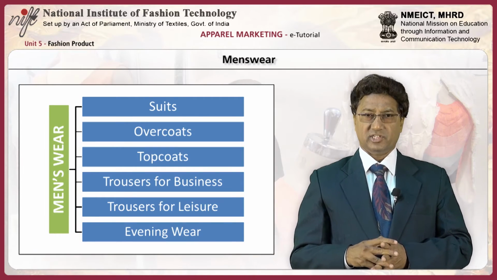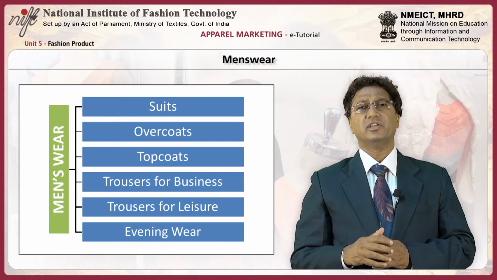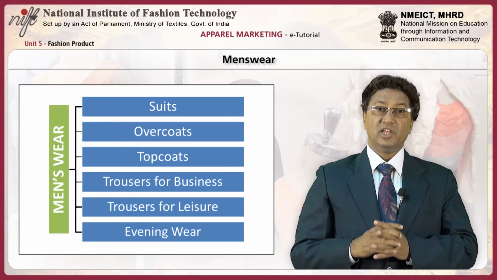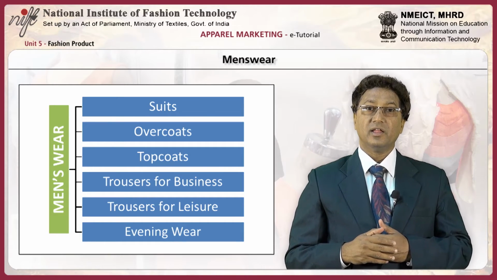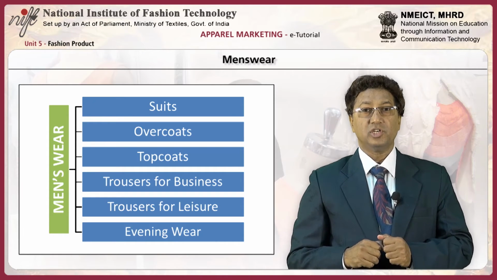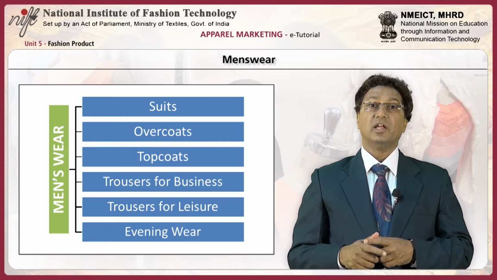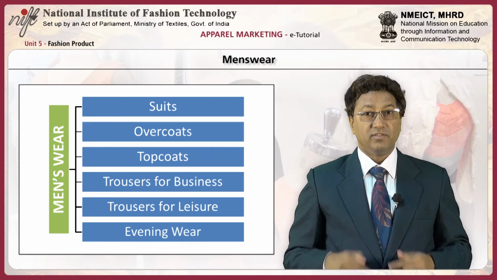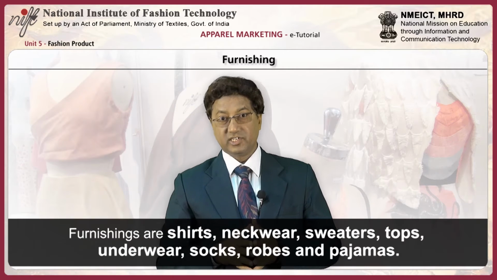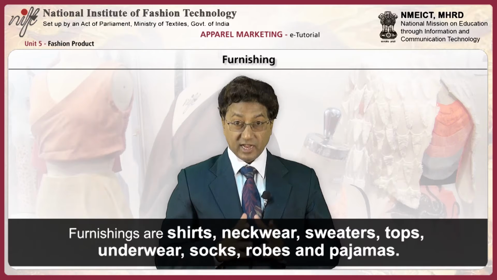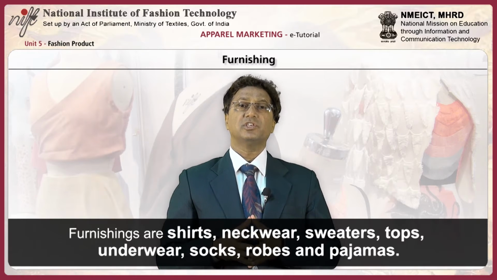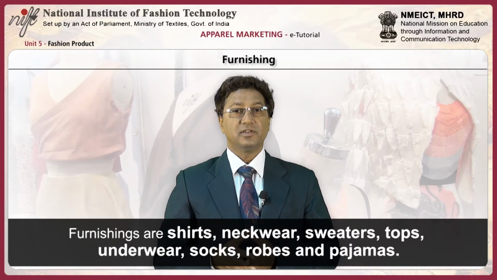With the increased awareness towards fashion orientation in today's market environment, there are as many categories available to men as women. Tailored clothing includes suits, overcoats, top coats, sports coats and separate trousers for business, leisure and evening wear. Furnishings are shirts, neckwear, sweaters, tops, underwear, socks, robes and pajamas.